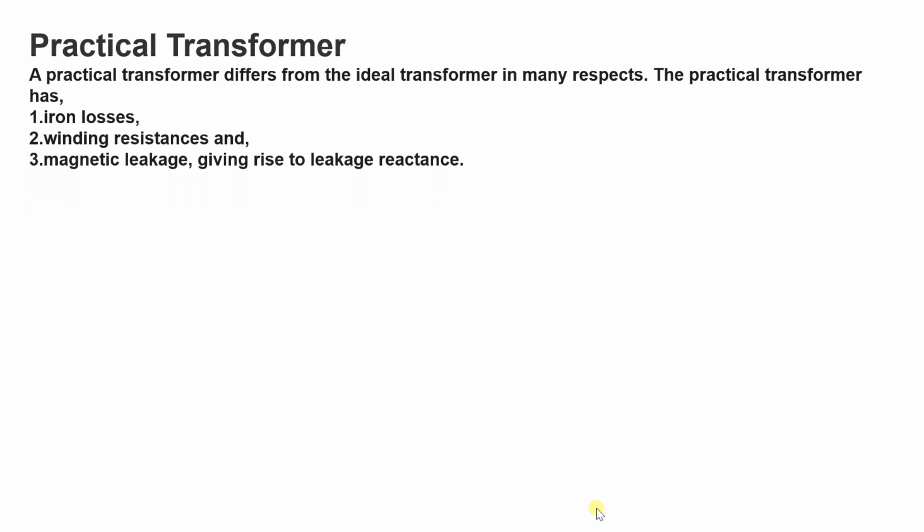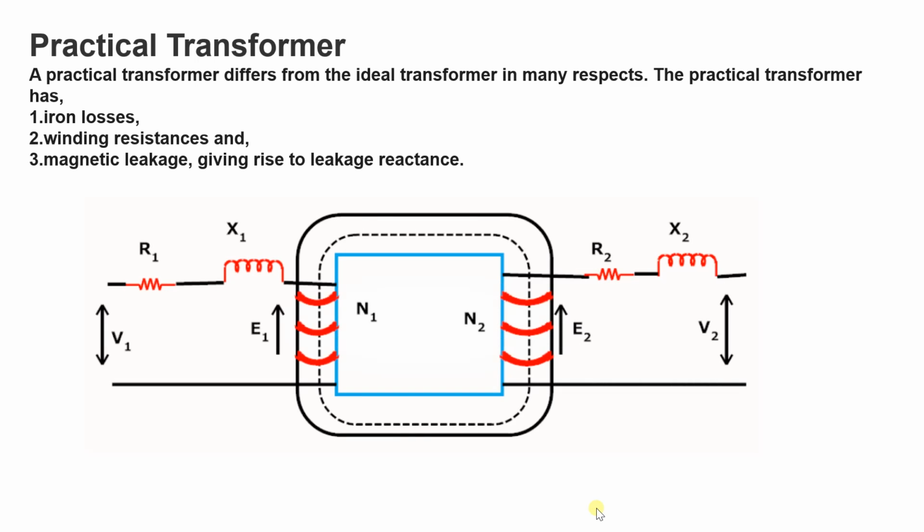And in the practical transformer, magnetic leakage gives rise to leakage reactance. But in the ideal transformer, there is no magnetic leakage and hence no leakage reactance. So this diagram shows the practical transformer, in which we have these two extra components.